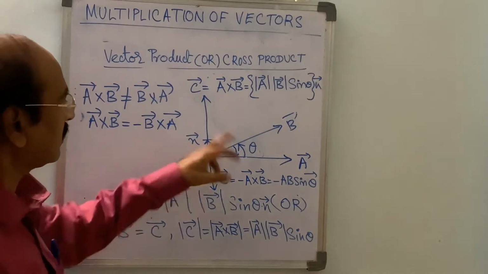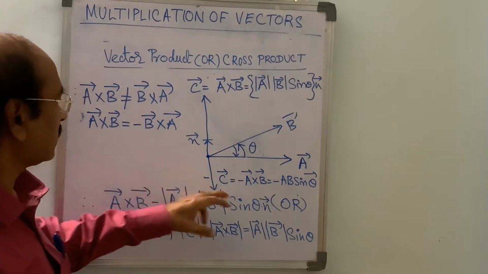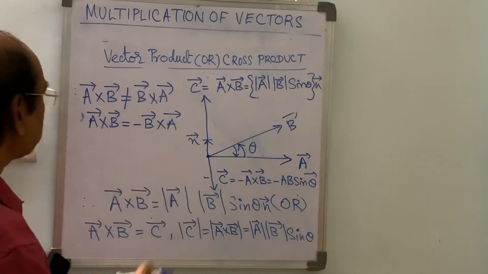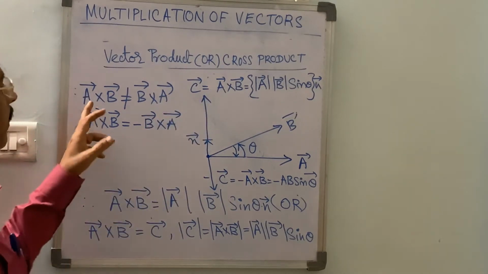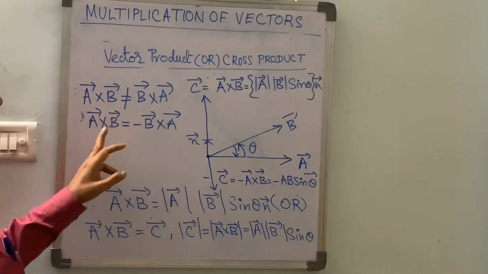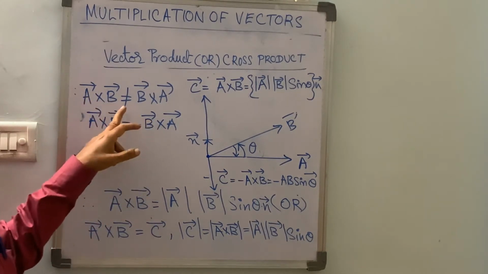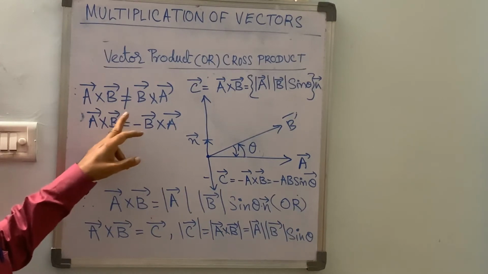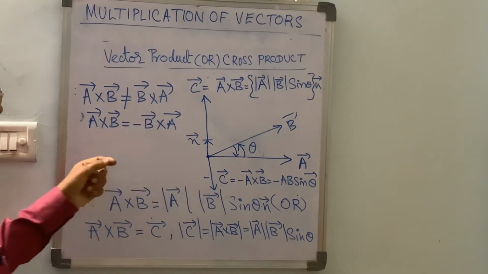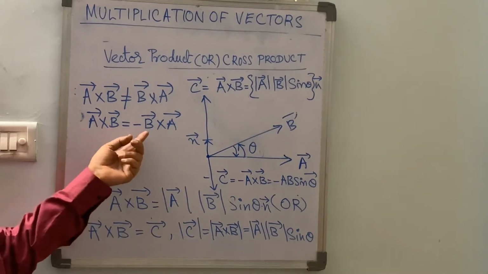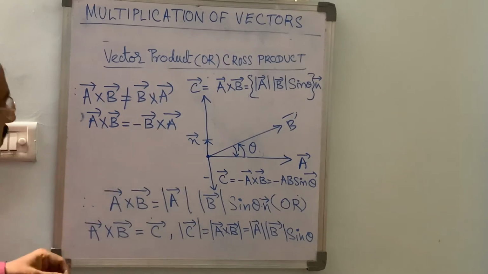If we take the reverse direction, then this is equal to the negative vector of a bar cross b bar. So from this expression we observe that vector product does not obey the commutative law, and that a bar cross b bar is equal to minus of b bar cross a bar.